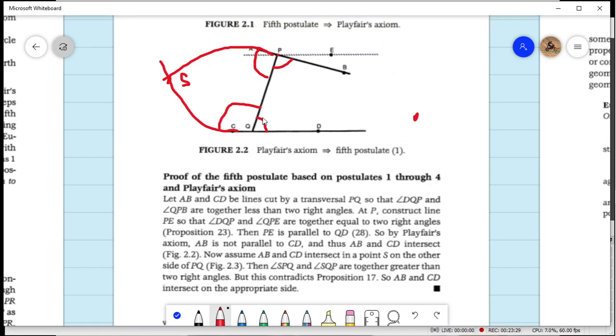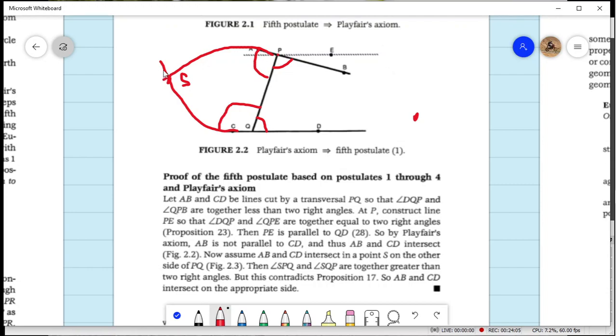Why? Because these two are less. Okay, this angle plus this angle would give a sum less than 2 right angles, meaning the sum of these two would be greater than 2 right angles. But then this would contradict proposition number 17, wherein it is stated that any two angles of a triangle cannot be greater than 180.